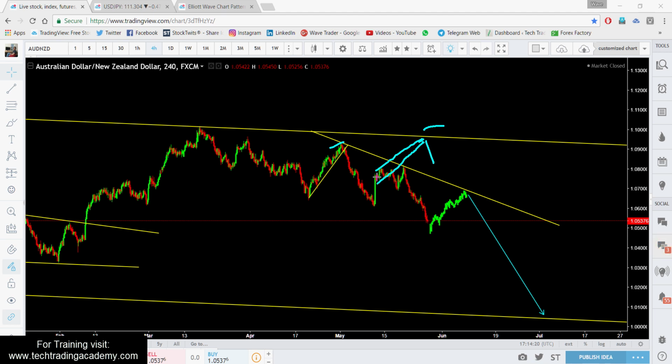We were also anticipating that price could break out before hitting that top, and breaking down, it never respected that trend, the impulse, and started to fall.